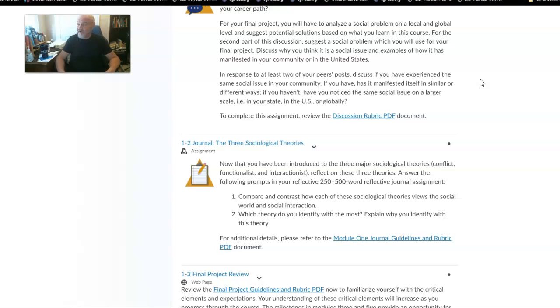What sort of access to treatment do they have? What sort of access to treatment do they not have? What's the inequality between types of treatment and accessibility to treatment for different subpopulations of the country? That's a conflict perspective.